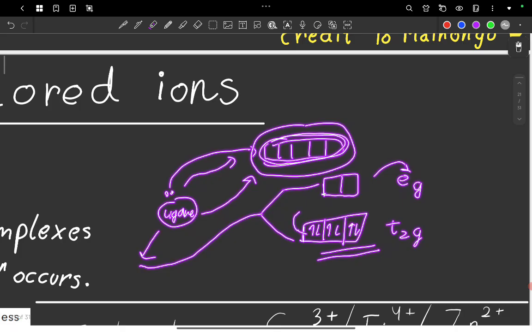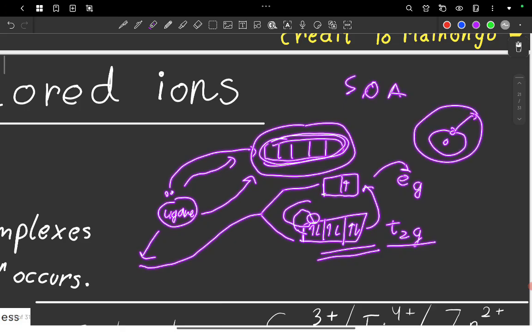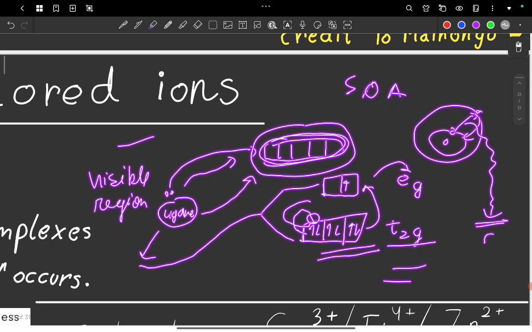Now sometimes if you provide energy, this electron can move from the T2g subshell to the Eg subshell. Now in structure of atom, you have studied that if an electron jumps from one shell to another shell and then jumps back, it is going to give out a wavelength, and in our case that wavelength just so happens to be in the visible region, and that visible region is perceived by us as colors.